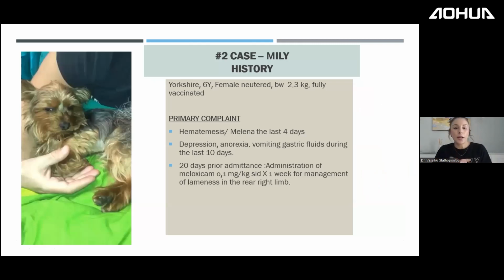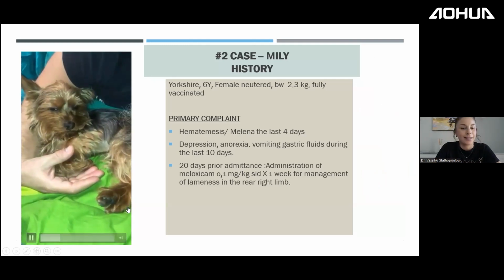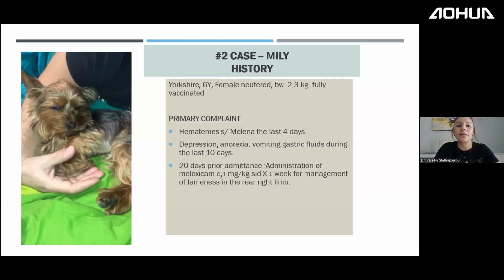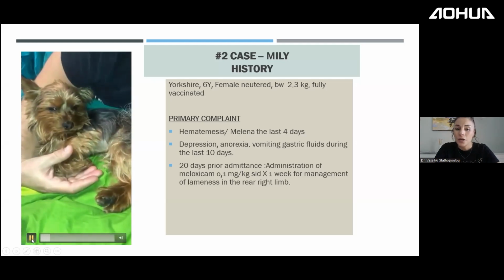Let's go to the second one. We had this sweet girl, and it's all girls today. In other presentations I had, you can see how this animal is suffering, with labored breathing, eyes closed.